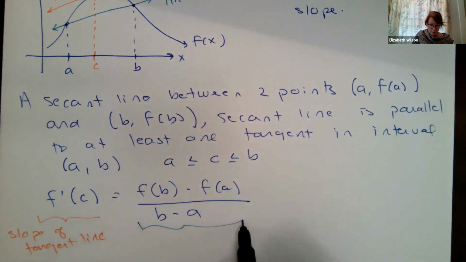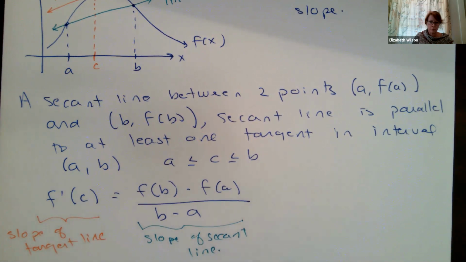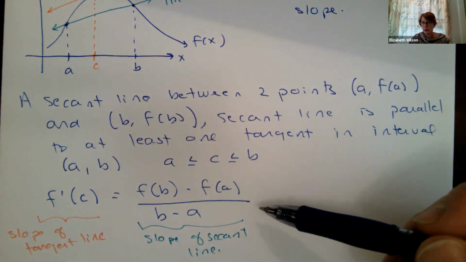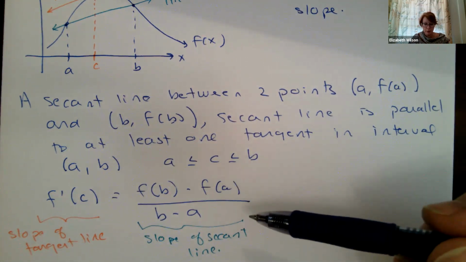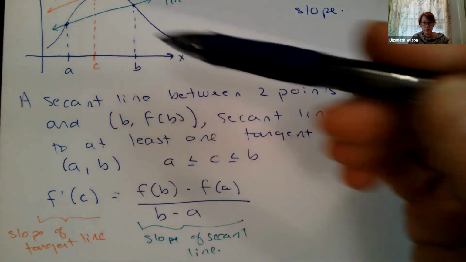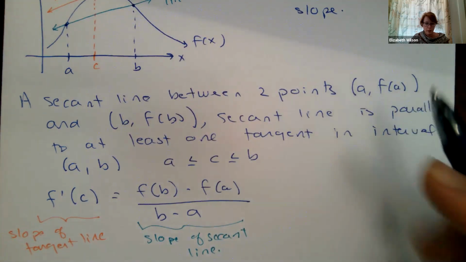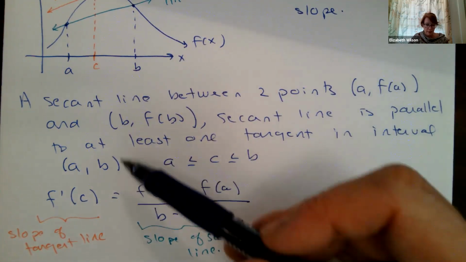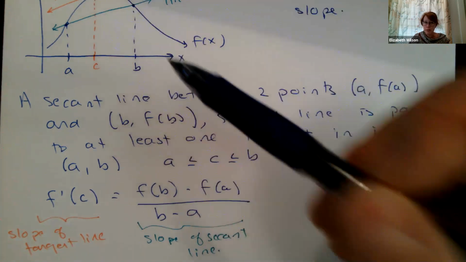And this is our definition. This is our slope of the secant line. Okay. So Rolle's theorem is just a special case where the slopes are equal to 0. Okay, and I can find out what that is. But here, not necessarily is it equal to 0. Okay, but we're going to use the mean value theorem to find this value of C that's parallel to our secant line.